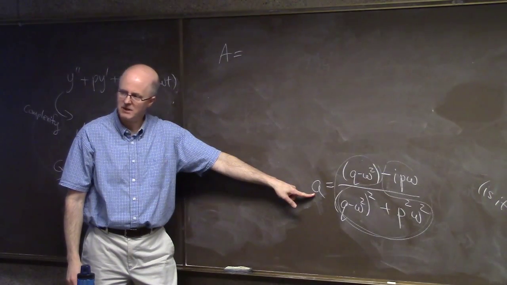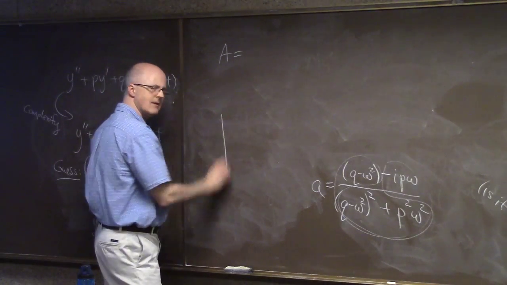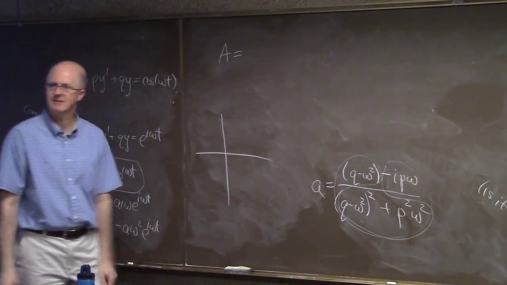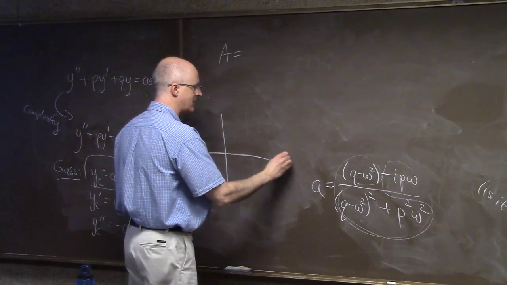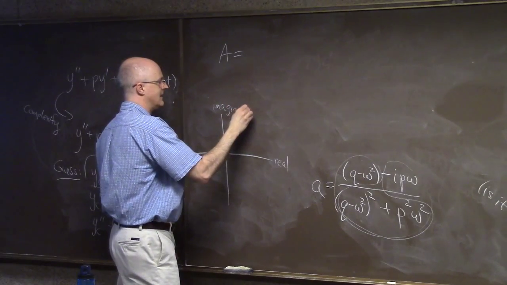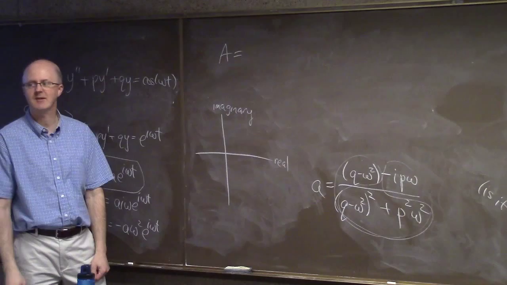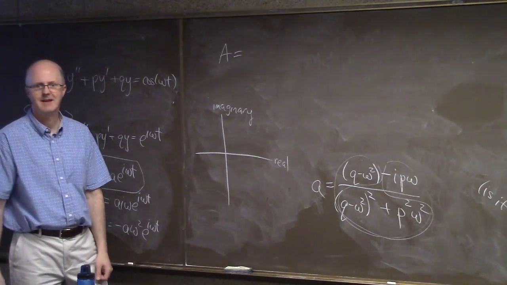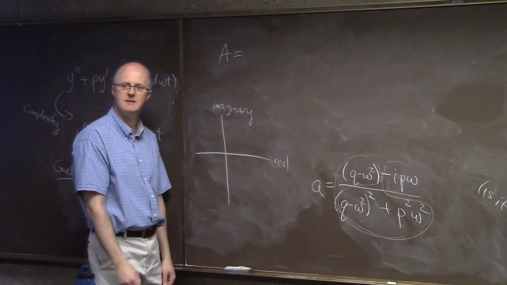I've had you read about complex planes in the back of the book in the appendix. I don't know that I remember if I've mentioned the complex plane before. It's a plane with axes on it. One axis you label the real axis, one you call the imaginary. The imaginary axis is there, I drew it. It's just the labeling. Any complex number can be thought of as being a point in this plane.